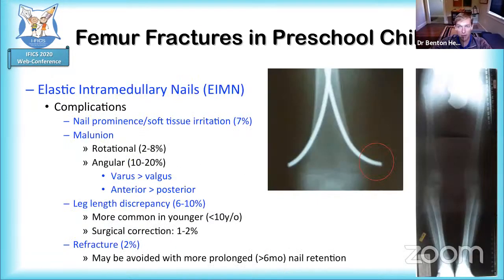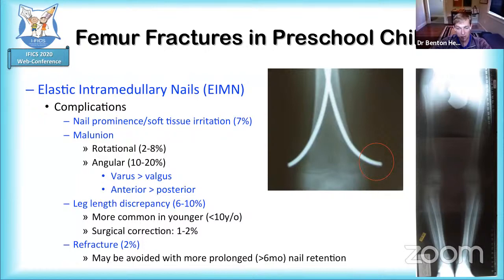And then as we talked about, the older kids may be acceptable for elastic intramedullary nailing. And Uni will discuss further some of the complications, but briefly, nail prominence, soft tissue irritation, malunion, because you don't necessarily have rotational control. Angular malunion can happen. Leg length discrepancies, less common, but common in length unstable fractures.